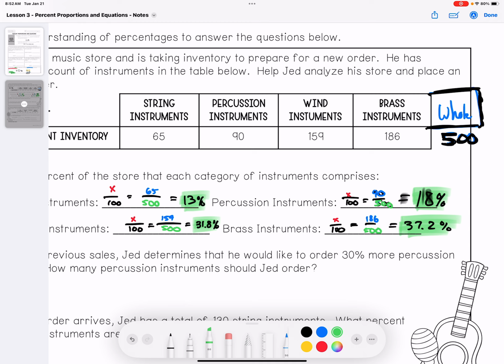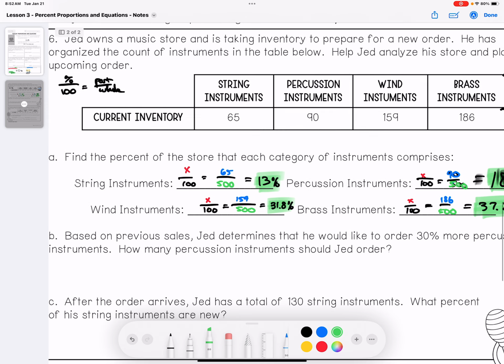All right, B. Based on previous sales, Jed determines that he would like to order 30% more percussion instruments. How many percussion instruments should Jed order? I don't even want us to use pencil and paper on this. I want to do this in our head.